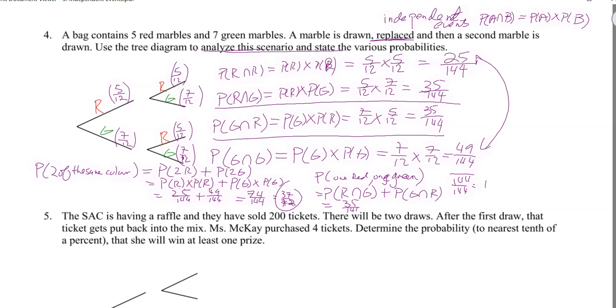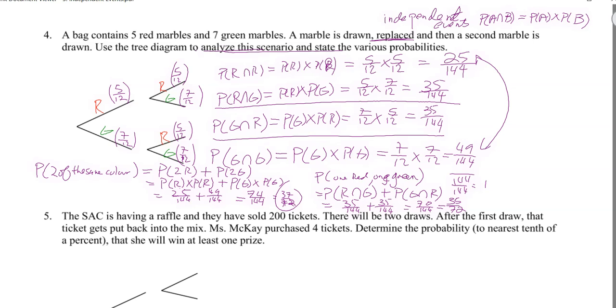which is 35 out of 144 plus 35. So the probability of getting one of each color is 70 out of 144, or 35 out of 72. So the probability of getting one of each color means we got a red followed by a green, or a green followed by a red, as opposed to the probability of getting a red followed by a green, that specific 35 out of 144.